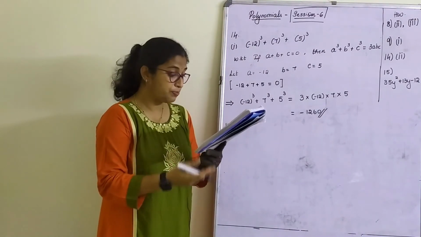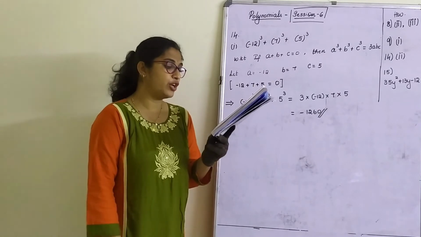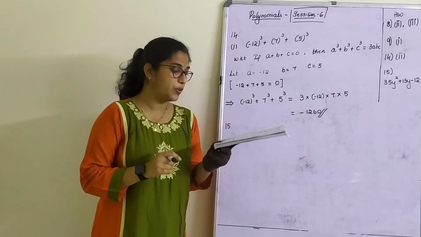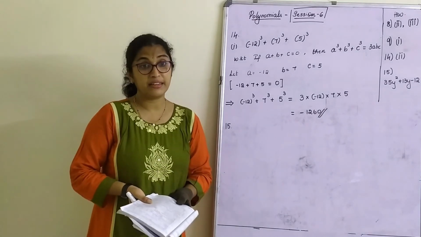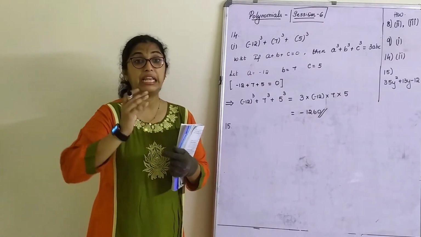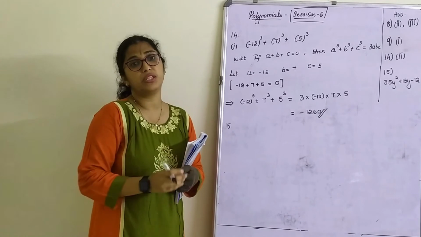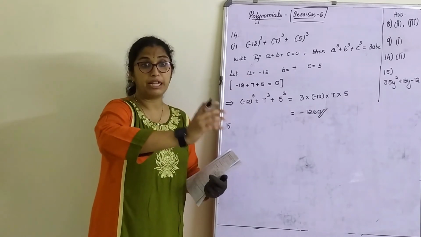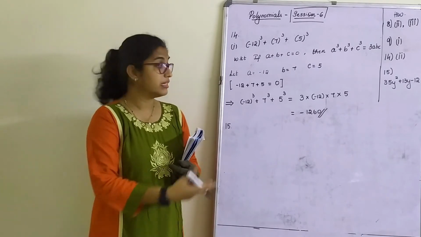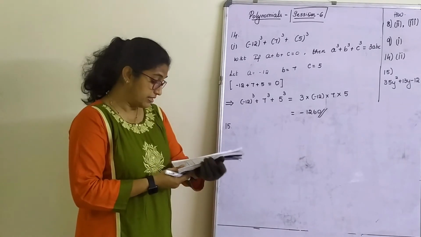What's the question? Give possible expressions for length and breadth of each of the following rectangles in which their areas are given. This is the area. That means we have to find length and breadth. That means it comes in the form of a binomial into binomial, since it's a quadratic polynomial, we will get it. So let's do that by factorization.